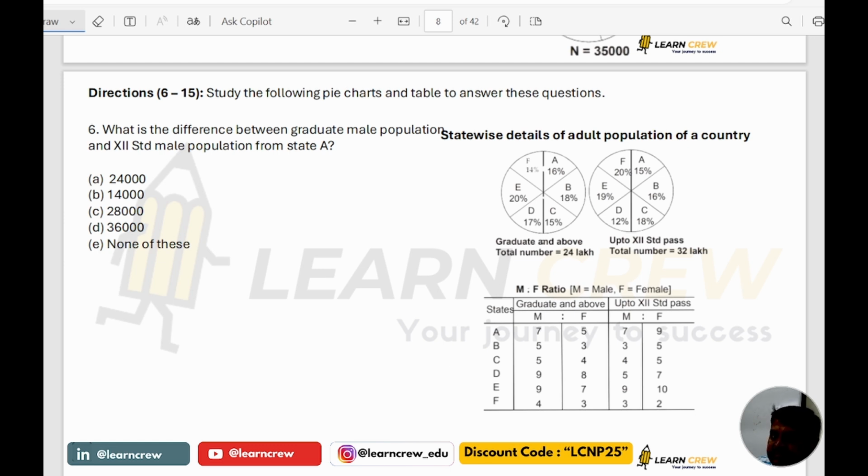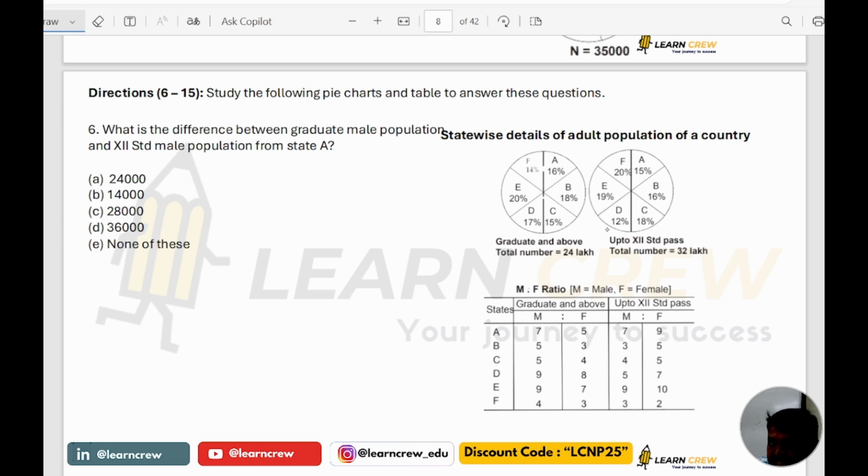Pie chart 1 represents graduates and above. This total is given as 24 lakhs. And up to 12th standard pass, this total is given as 32 lakhs.